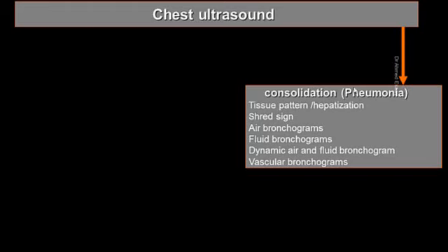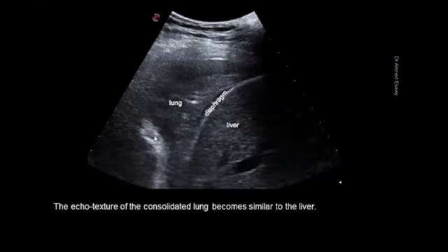On chest ultrasound in pneumonia, we find many signs: tissue pattern or hepatization sign, shred sign, air bronchogram, fluid bronchogram, dynamic air and fluid bronchogram, and vascular bronchogram. This is what is called hepatization.